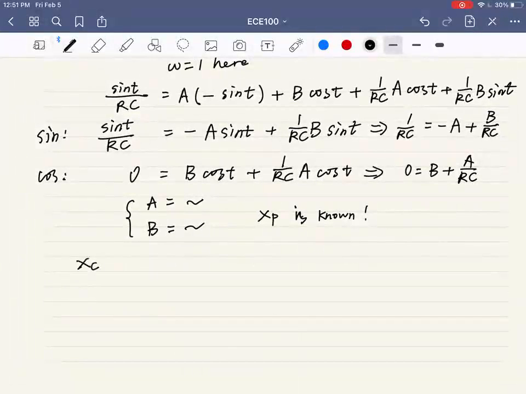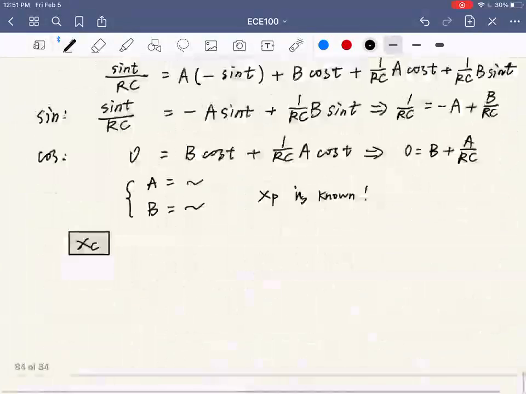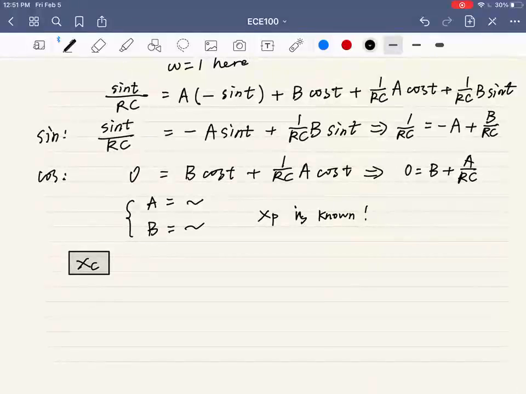For the complementary solution, it is always in the form of K1 e to the minus t over tau. Tau is a time constant. And it represents the transient response.